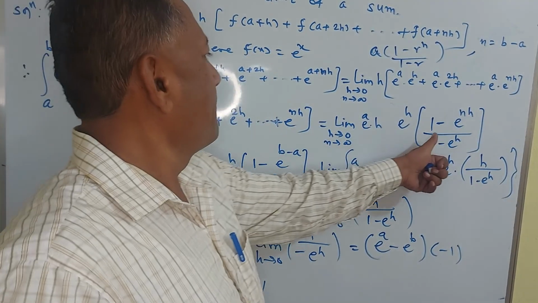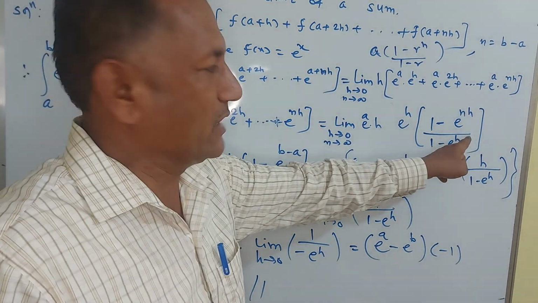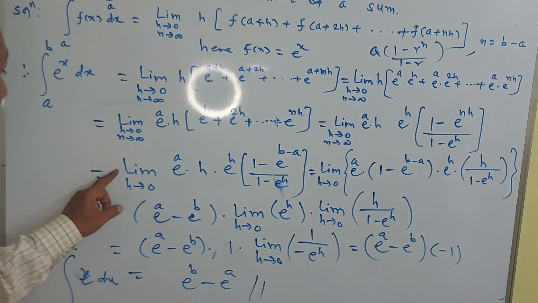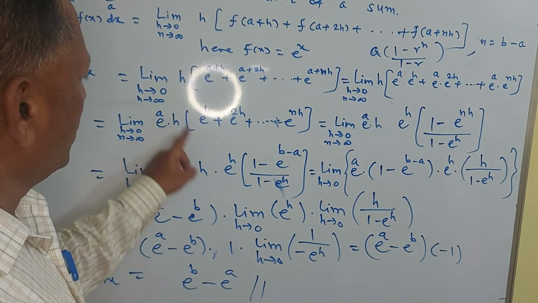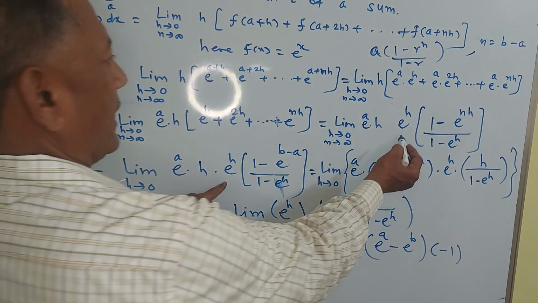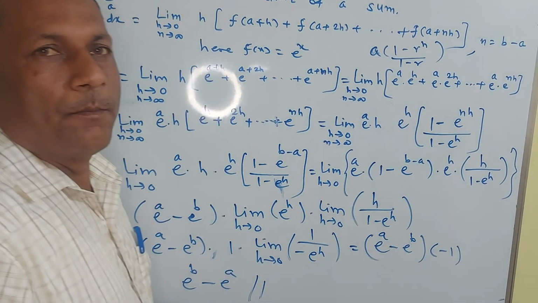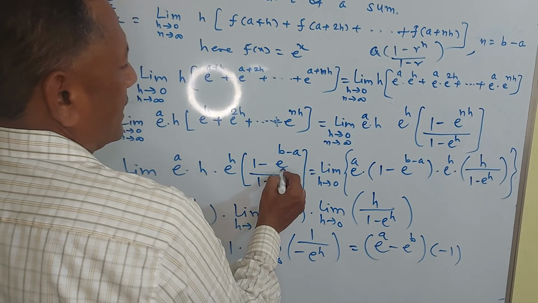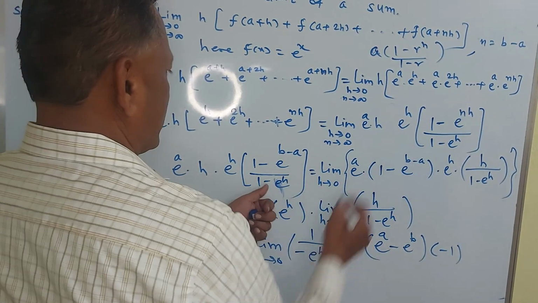So this is the summation of the geometric progression. So it is equal to limit as h tends to 0, e raised to a into h into e raised to h, and you know that nh is equal to b minus a, 1 minus e raised to b minus a upon 1 minus e raised to h as it is.